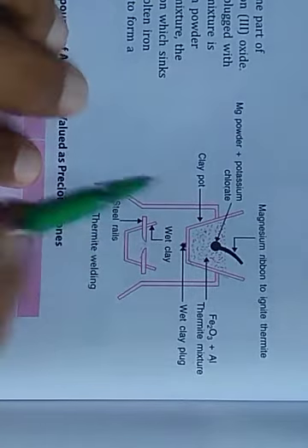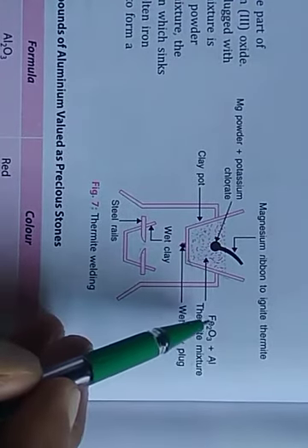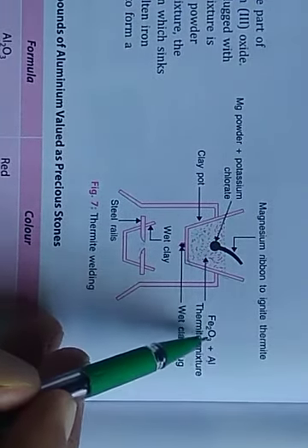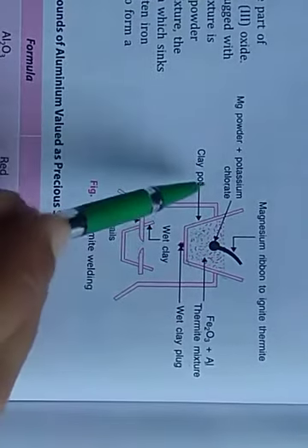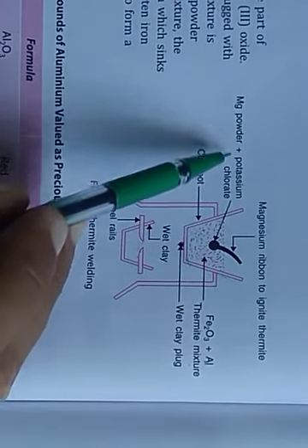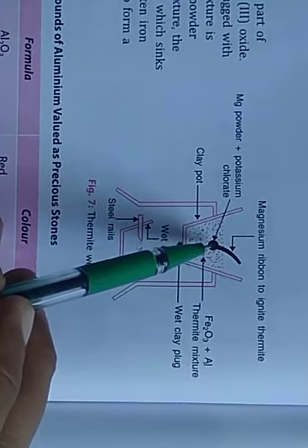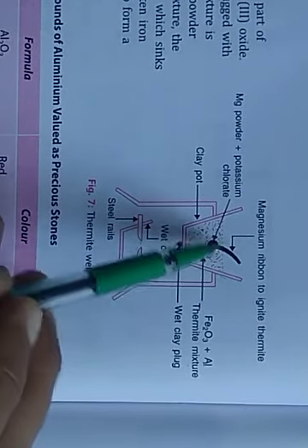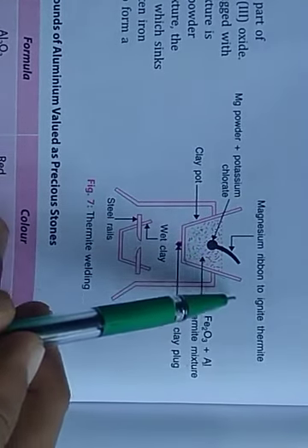So in the thermite process, first we take 1 part of aluminium and 3 parts of ferric oxide, and this mixture is called the thermite mixture. And then we take an ignition mixture, magnesium powder and potassium chloride, and ignite this mixture with the help of magnesium ribbon.